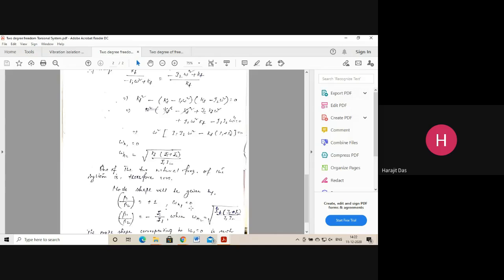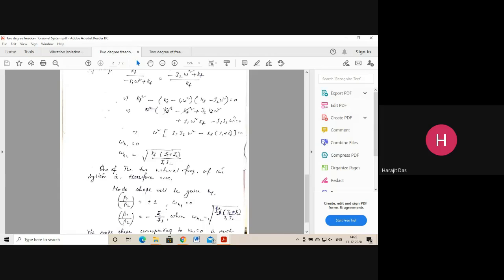In the linear vibration case, omega n1 was having some value. Now here it is 0, and for this 0 value the first principal mode of vibration ratio will be plus 1, and the second mode shape will be minus I2 by I1.